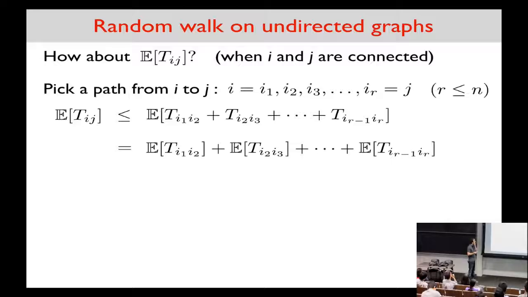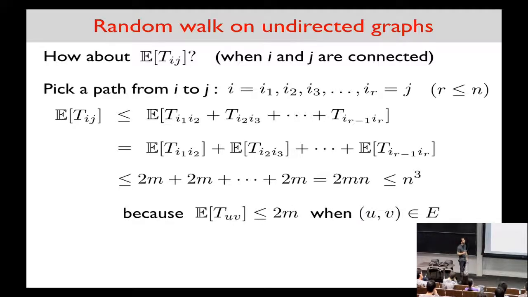Here's what's going to happen. We will be able to show that each of these terms, T_i1,i2 or T_i2,i3, each of these expectations is at most 2m. In the next slide, that's exactly what I'm going to show.